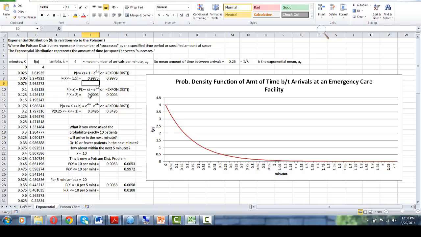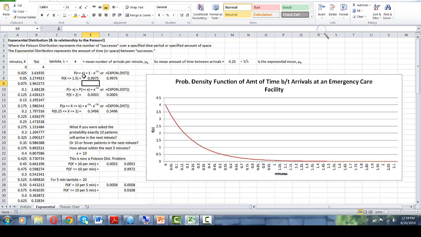Okay, what's the probability more than 2 minutes will lapse before the next arrival? Well, that's basically 1 minus this less-than-or-equal-to probability here. And remember, there's really no difference in terms of probability between greater than x and greater than or equal to x. Certainly a difference in the statements themselves, but in terms of probability, there's no difference.